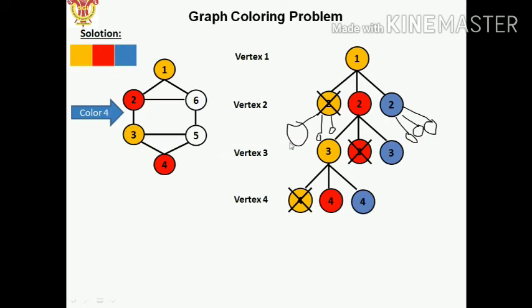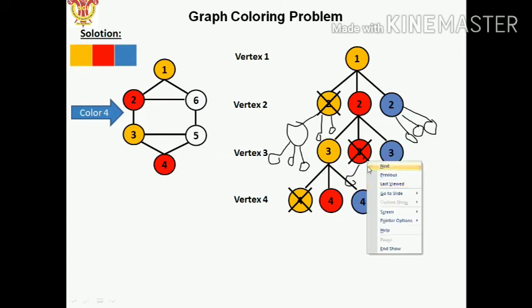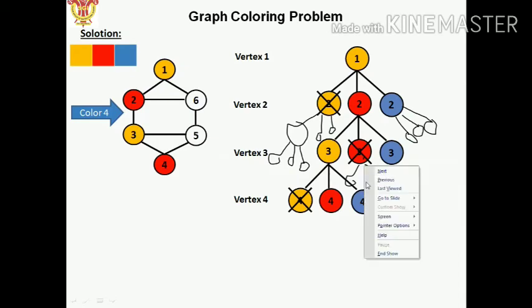Okay, so in the third level what will happen? We'll have this many nodes, and this 2 is having also 3, this 3 is also going to have 3 nodes here itself. 3 nodes for this one, again 3 nodes for this one.